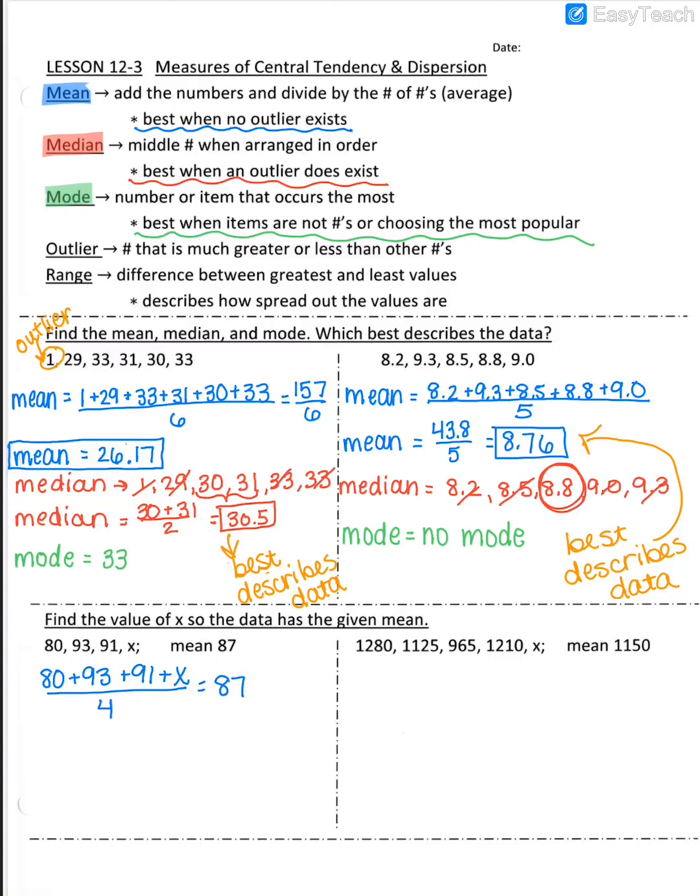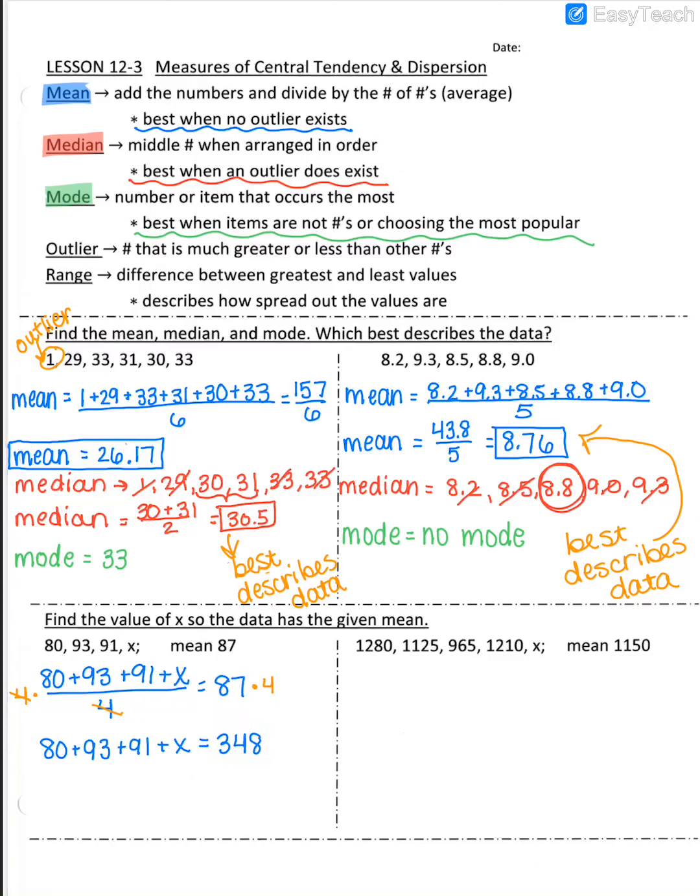That's probably what I would start with, so that you can get rid of the fraction. So when I multiply both sides by 4, I'm going to be left with everything on top. And then I'm going to multiply 87 times 4, in which case we get 348.